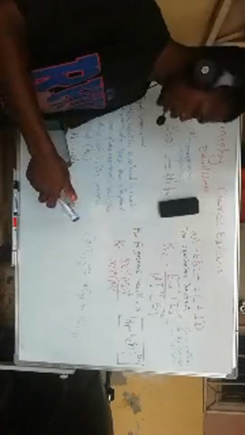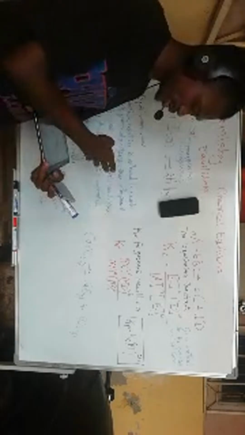Calcium oxide is solid, calcium carbonate is solid. So when you look clearly, you are going to notice that the substances are in different phases.